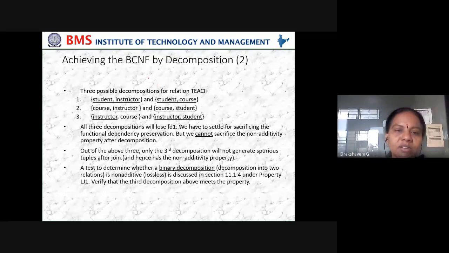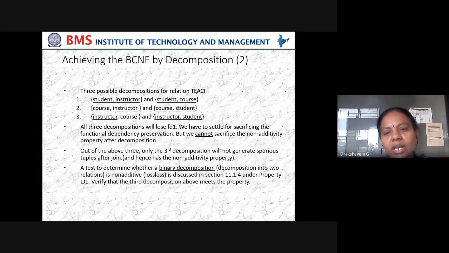So how do we achieve BCNF by decomposition? There are three possible decompositions for the relation Teach: student-instructor and student-course; course-instructor and course-student; instructor-course and instructor-student. These are the three possible ways where we can decompose the Teach table.